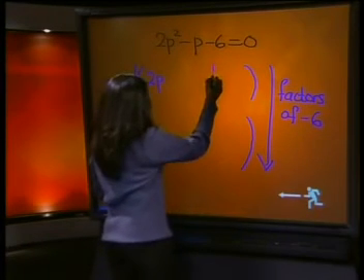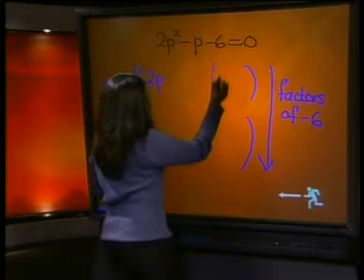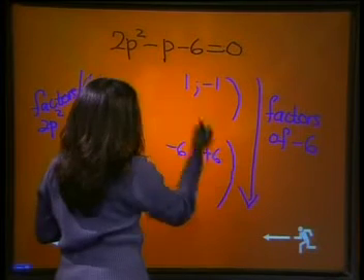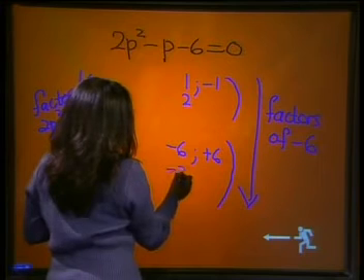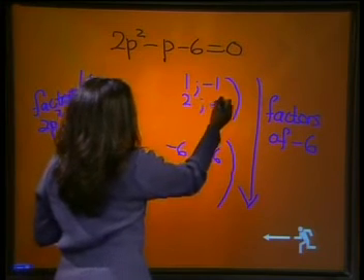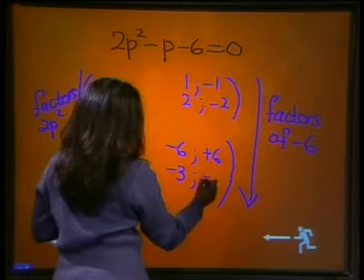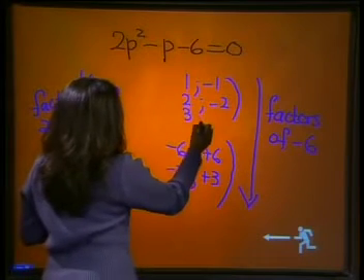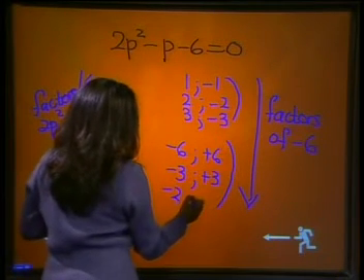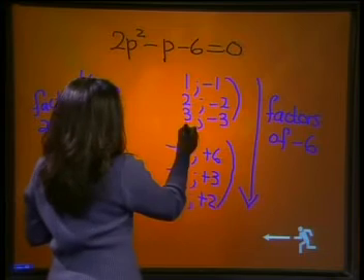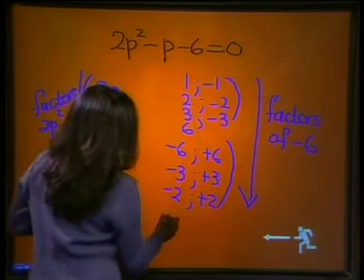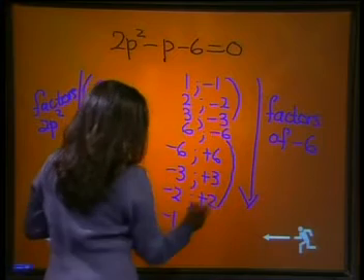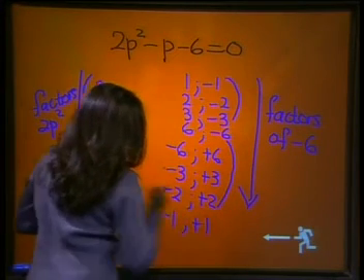It could be positive 1 times negative 6, negative 1 times positive 6, 2 times negative 3, or negative 2 times positive 3, 3 times negative 2, or negative 3 times positive 2, and 6 times negative 1, and our last set of factors, negative 6 times positive 1.